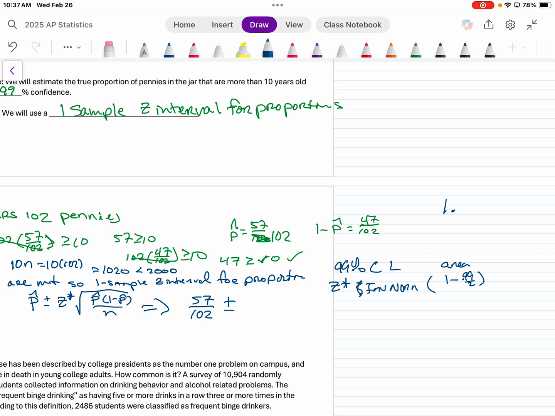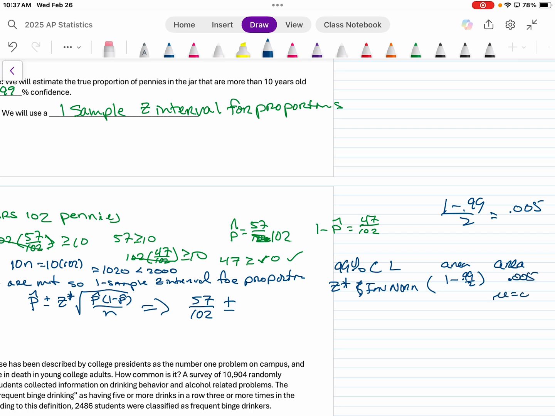What is 1 minus 0.99 divided by 2? Isn't that like 0.05? 0.005 is what that is. 1%, half of 1% would be, yeah. So my area technically is 0.005.